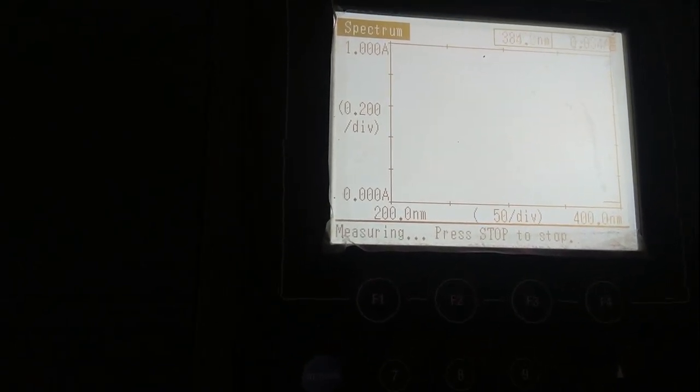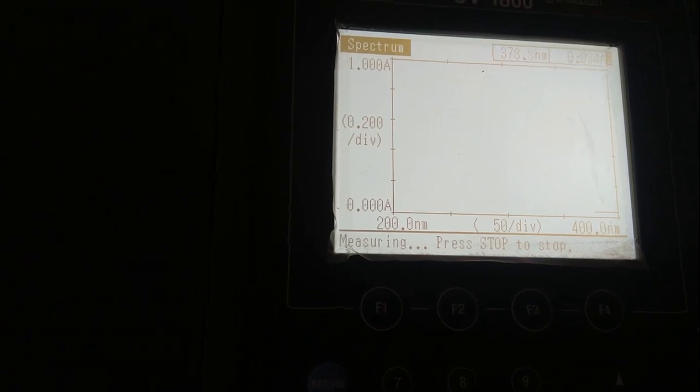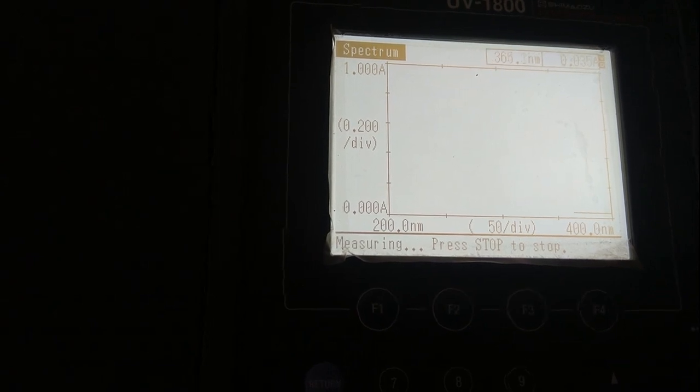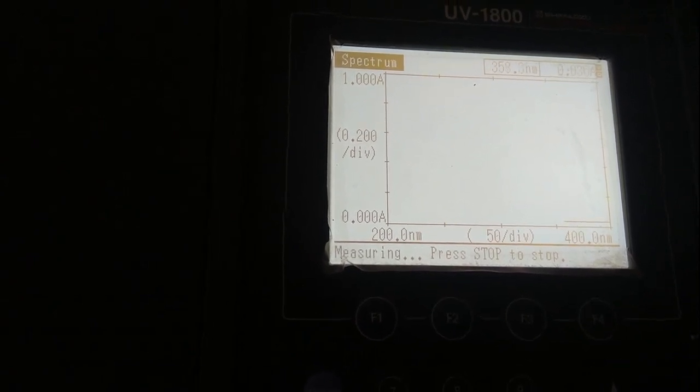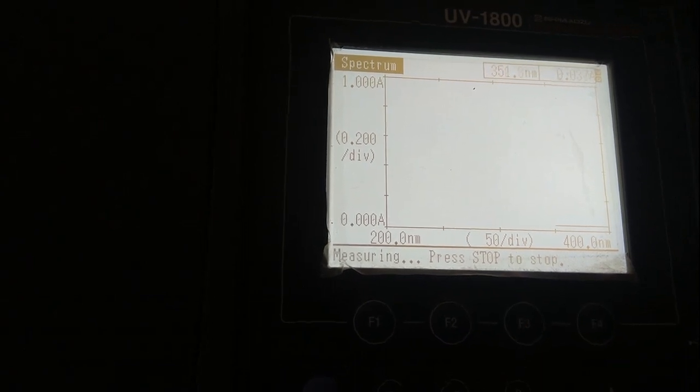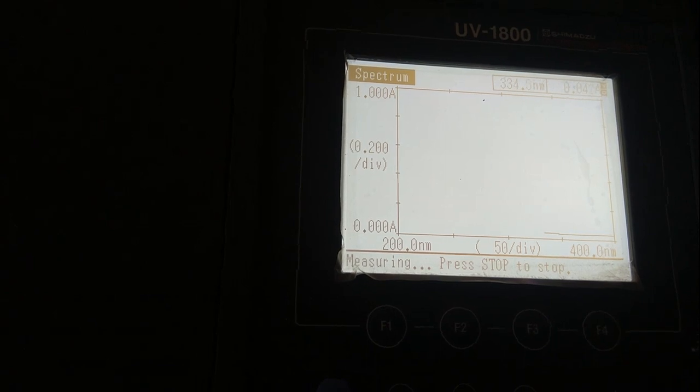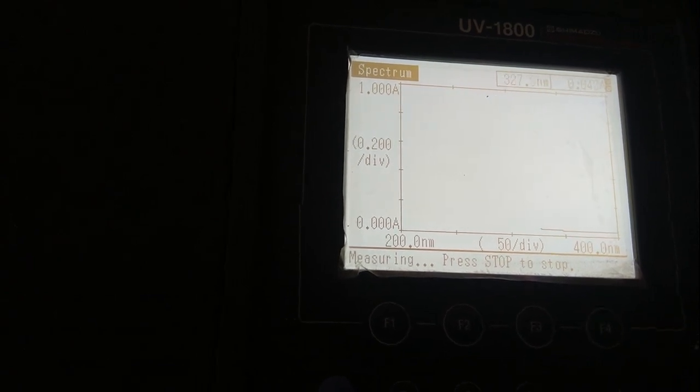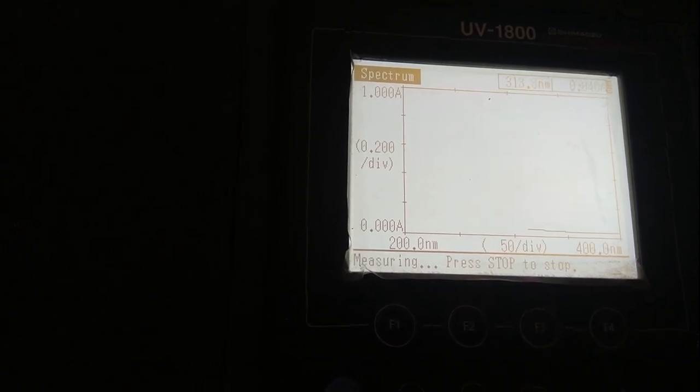Now we are going to start the scanning. Press the start button. You can see the wavelength is changing from 400 to 200 nanometer. The scanning has started. So we are scanning the spectrum of ibuprofen in the aqueous phase.